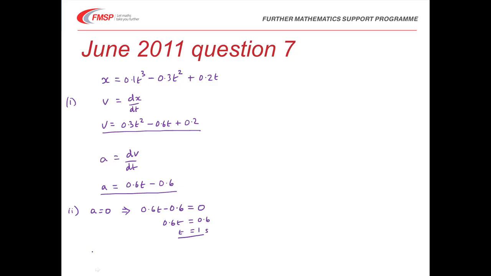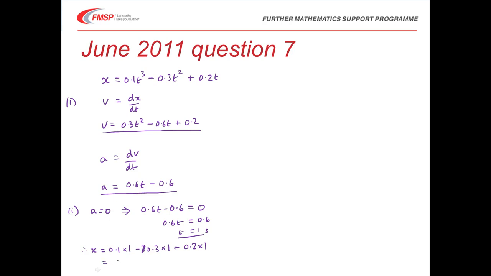Okay, let's pop that into the expression above that we've got for x. x equals 0.1 times 1 cubed, that's 0.1, take away 0.3, sorry, just correct that, 0.3 times 1 squared, which is also 0.3, plus 0.2 times 1.